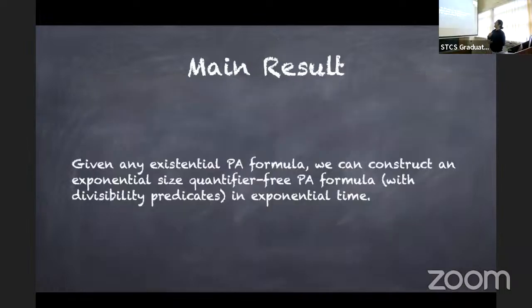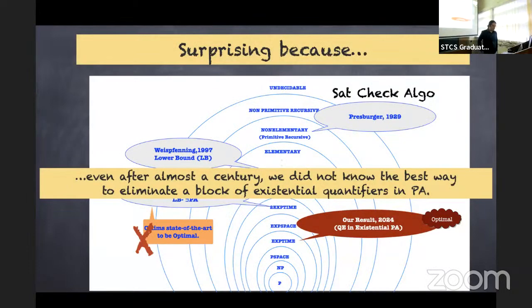And to repeat, this is our result. Given an existential PA formula, we can construct an exponential size quantifier free PA formula, with divisibility predicates of course. So why is this surprising? First, it corrects the mistakes in the theory, which were persisting for about three decades.